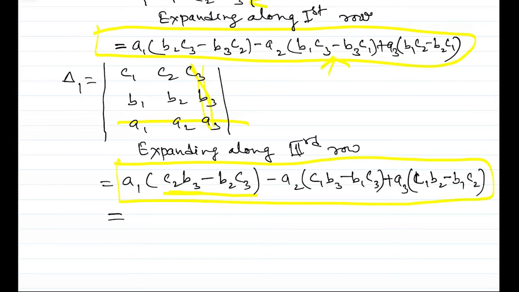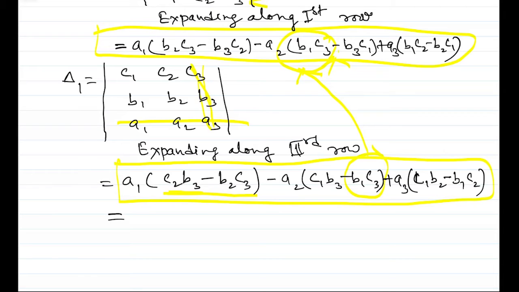In the same way, here we have B1 C3 minus B3 C1, but here we have just the opposite, C1 B3 minus B1 C3.